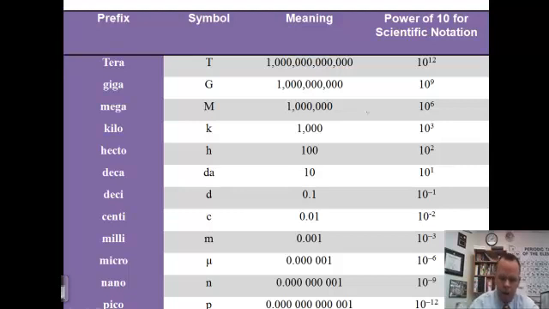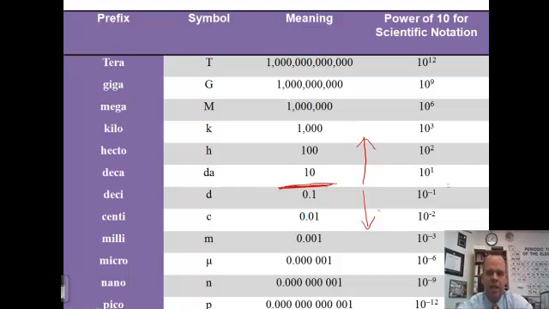Our base unit falls right here in between this gap. So this is our base unit here, larger than the base unit going up, smaller than the base unit going down. So let's start at our base unit, work our way to the small units, and then we'll work our way back up to the large units.